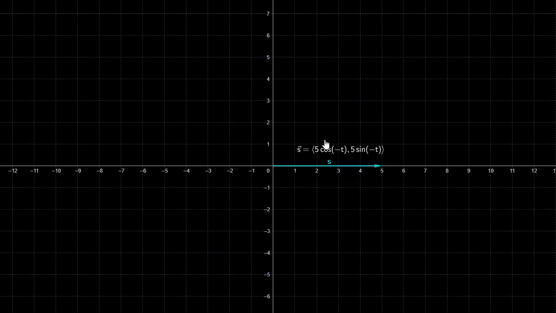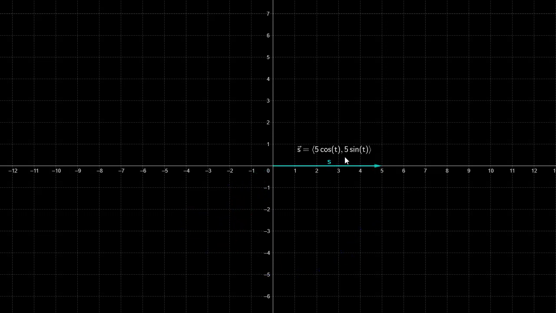Now we'll have 5 cosine negative t, 5 sine negative t, and when I start the animation, notice it's the same circle, we're just going clockwise through it instead of counterclockwise. That should make sense because instead of putting in something like pi over 2, we would have negative pi over 2.